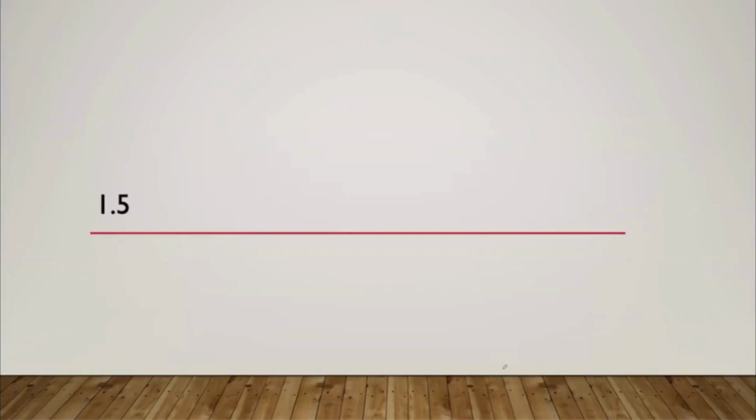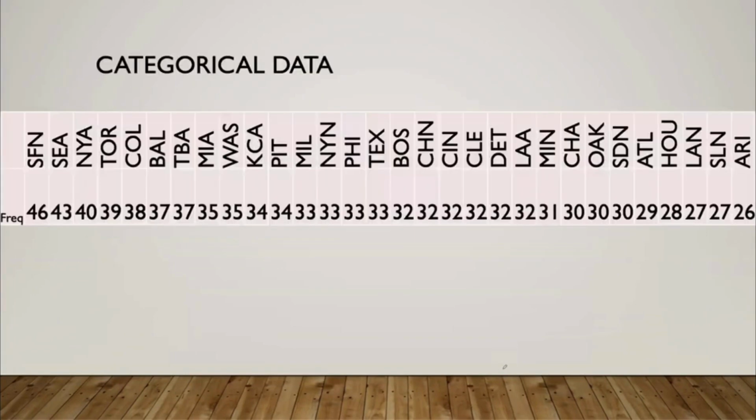The next thing we have is categorical data. And I already mentioned that, but what we can do to chart that is, well, you can just count it. So in our 1,000 players, we had 46 playing for San Francisco and 43 for Seattle.